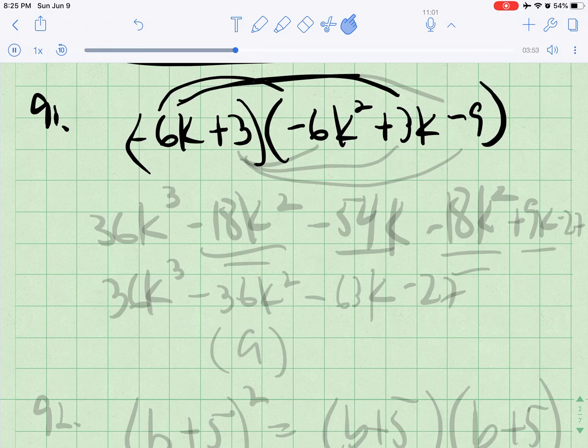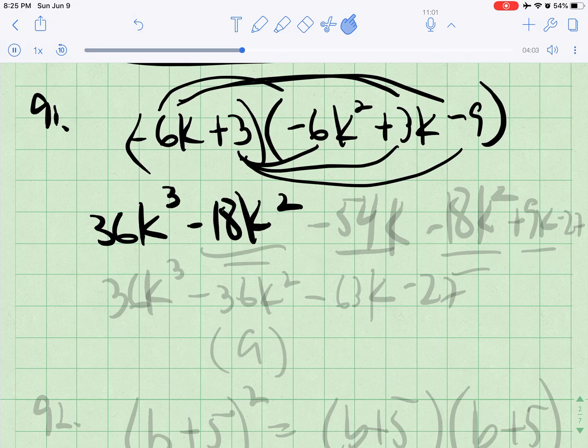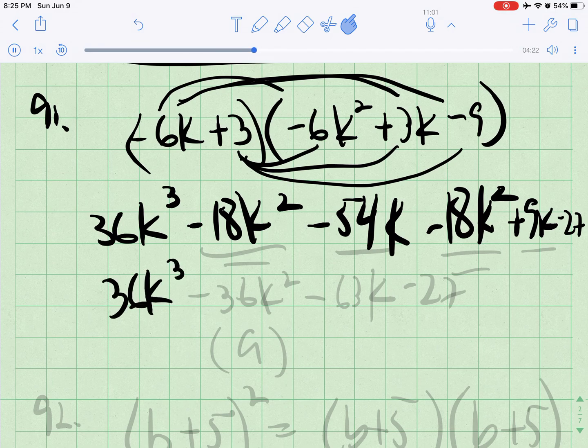First, inner, last. 36k to the third minus 18k squared minus 54k minus 18k squared plus 9k minus 27. Combine like terms. 36k to the third.